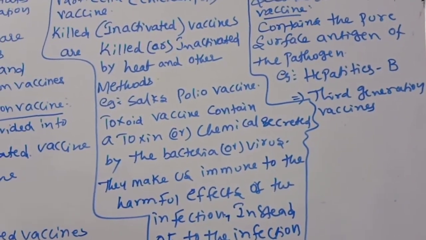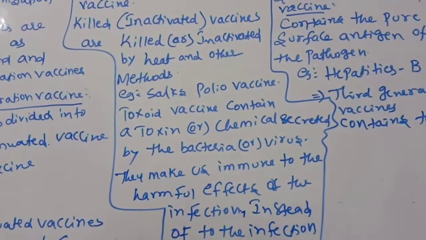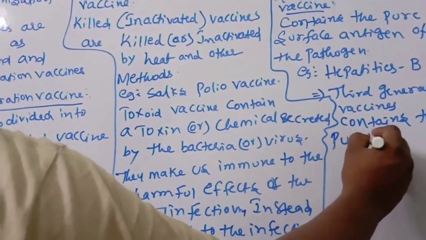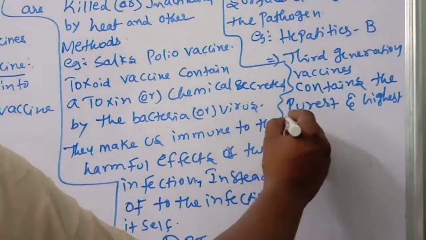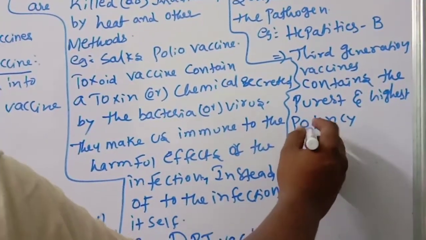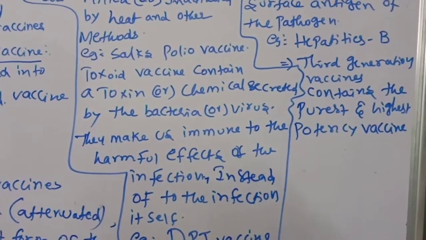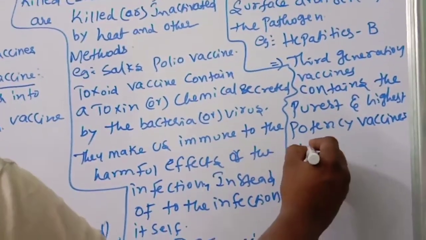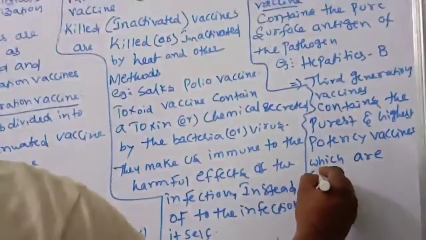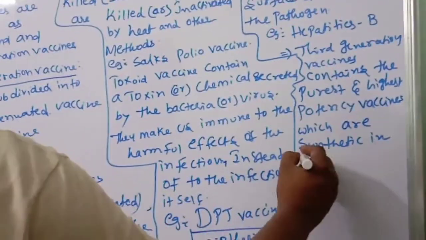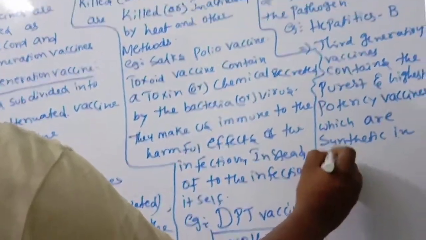The third generation vaccines contain the purest and highest potency vaccines, very important, which are synthetic in nature, synthetic in generation.